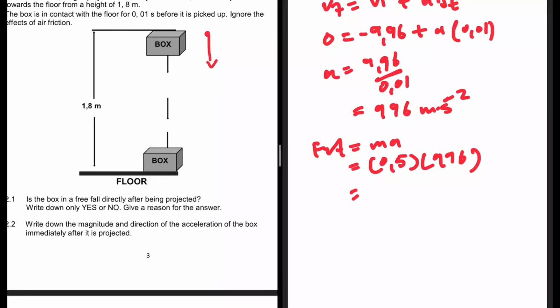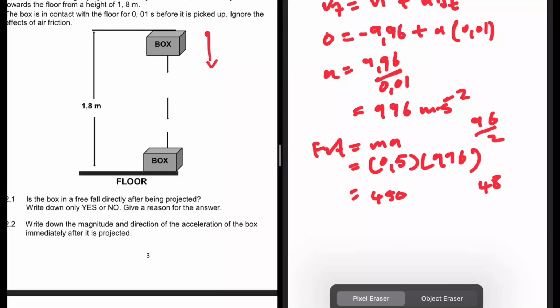So if we divide 900 by 2, we'll get 450, and then 900, then we have 96. When we divide 96 by 2, what do we get? We get 48. So 450 plus 48, 498. Yes, okay. So there we go.